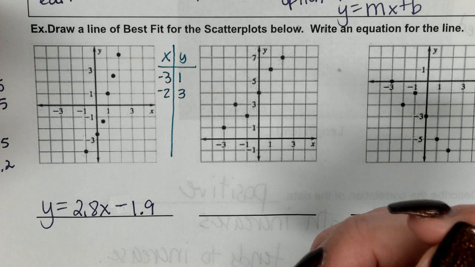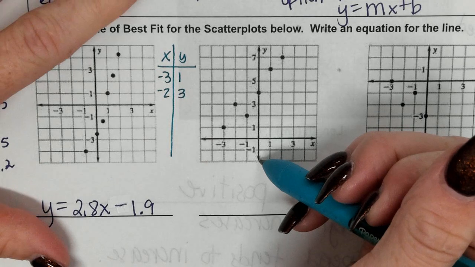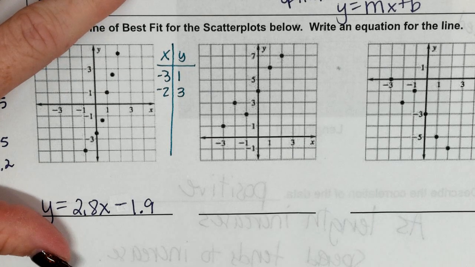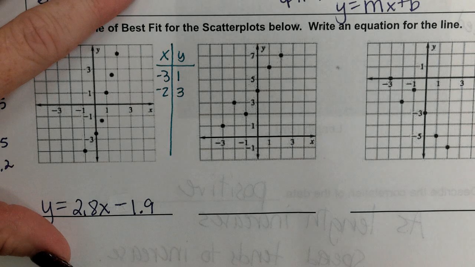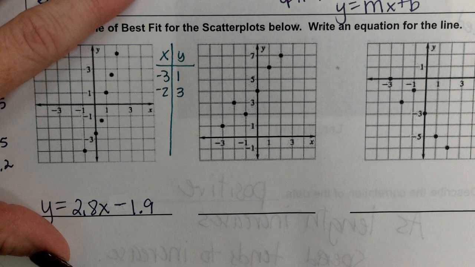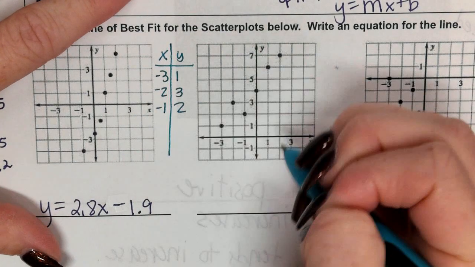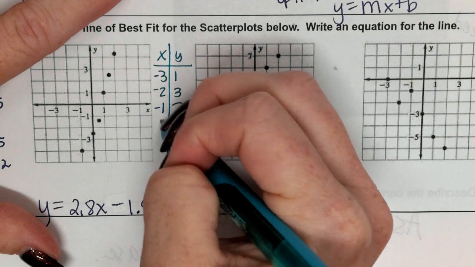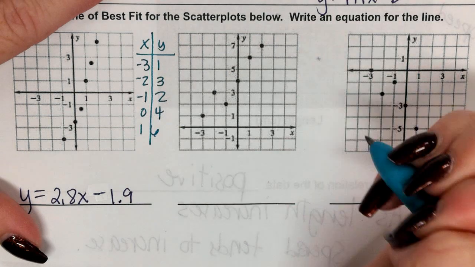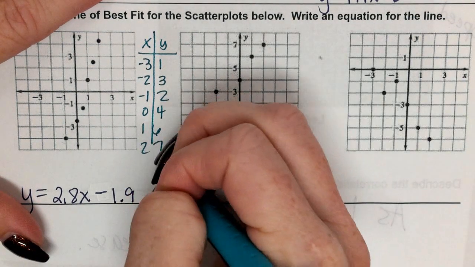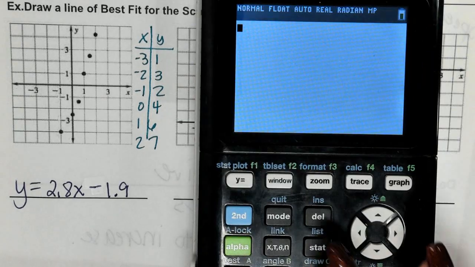At 0, -1.5, is that dot? No, that's just the arrow, I think. It looks like the other arrow. I think it's the other arrow. -1, 2. 0, 4. 1, 6, and 2, 7. That one was easier. All right, let's go put it in our calculator.